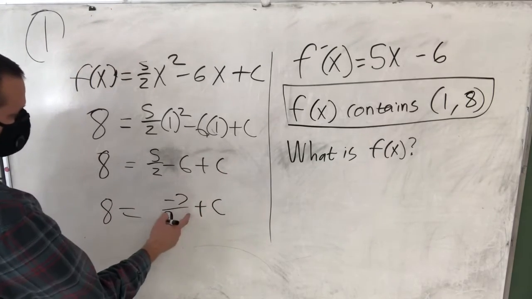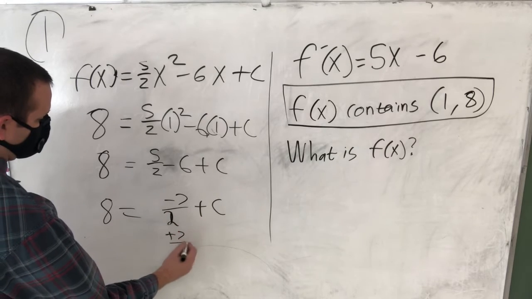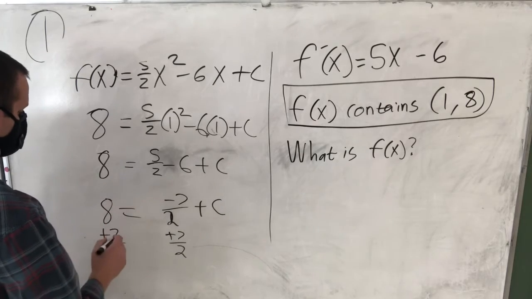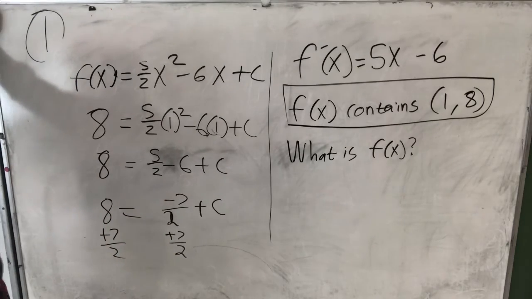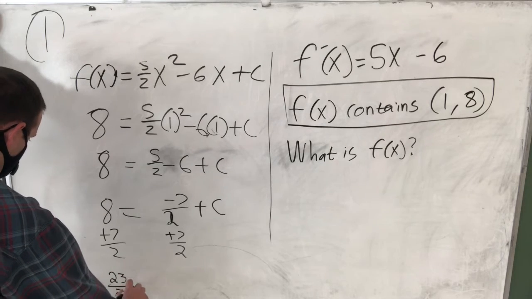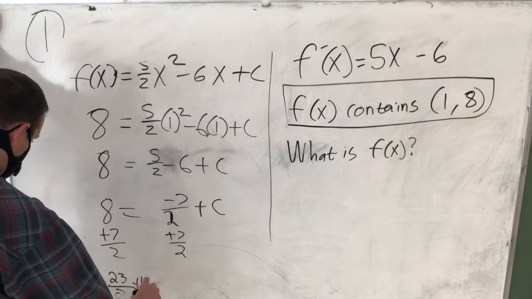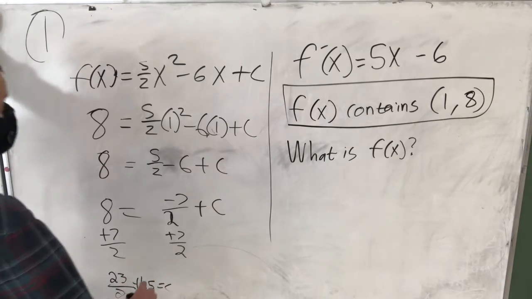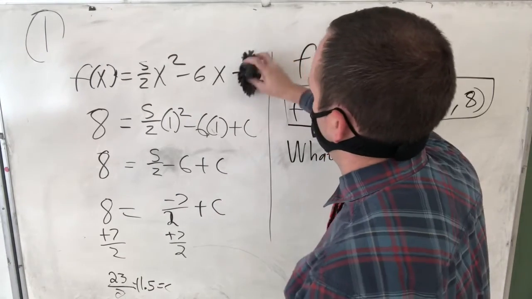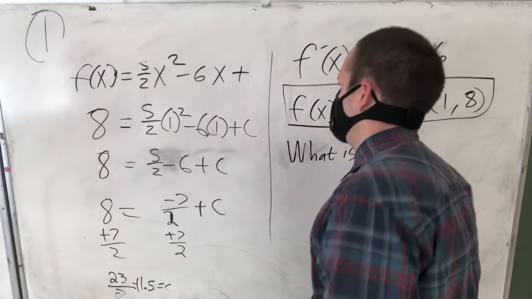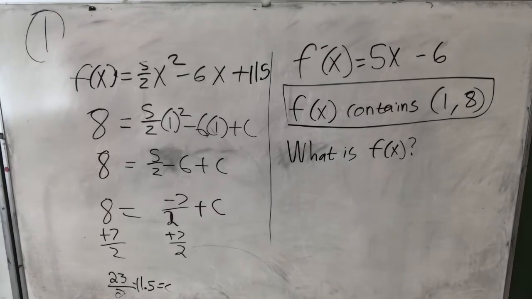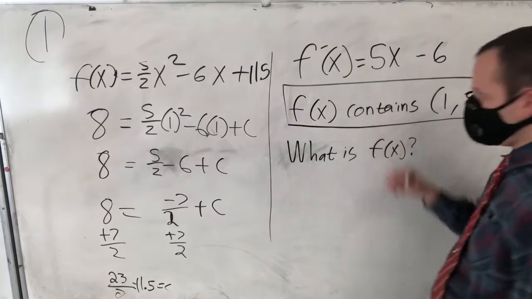See, in order to get rid of the minus 7 halves, we need to add 7 halves to both sides. 16 plus 7 is 23 halves, which is 11.5. There you go, so we get rid of the c there. We write in 11.5. And you're done, okay? It wasn't hard to go through and figure out what the answer was.